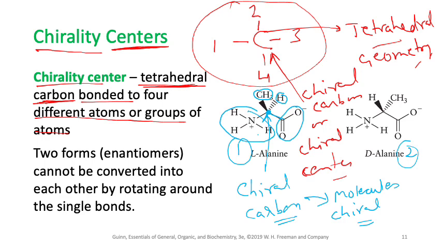Because you have a chiral carbon, that makes the molecule chiral, and if the molecule is chiral, that means you can have non-superimposable mirror images of this molecule. So if I take a mirror and put it in here, these two are mirror images of each other, and they are non-superimposable, so they are enantiomers of each other.